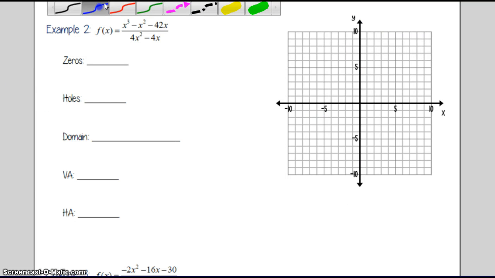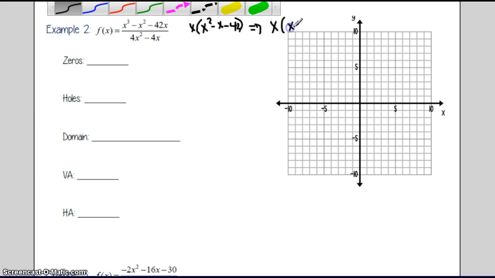All right, so we are going to factor first, find all of our pieces, and then we'll put it on our graph. So let's pull out an x. So we have x squared minus x minus 42, and then we can factor even further: factors of 42 that add to get -1.